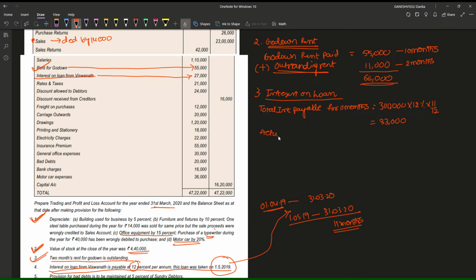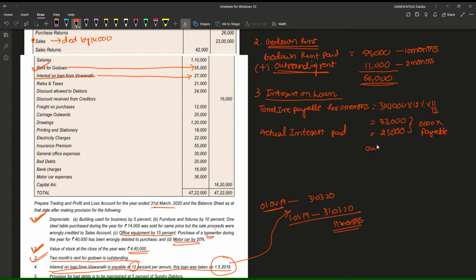Actual interest paid is 27,000 rupees, right? But what is the difference here?